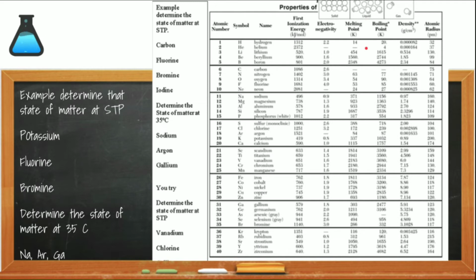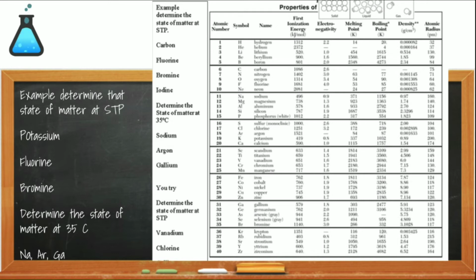That's because the substance has already melted but has not yet boiled. And if STP, which again is 273, comes after both the melting point and the boiling point, it will be a substance that is a gas at that temperature because it is both melted and boiled.